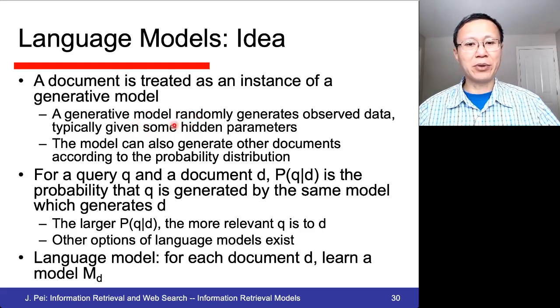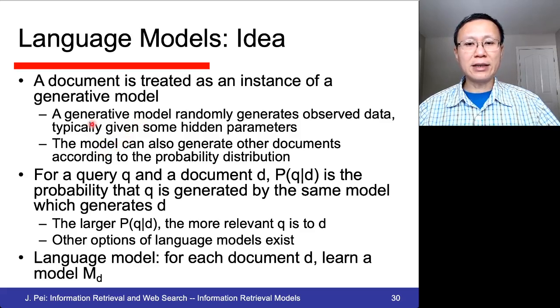We'll give an example to illustrate how the generative model will generate a document, or indeed the set of words in a document. In such a way, the model can also generate some other documents according to the same probability distribution.